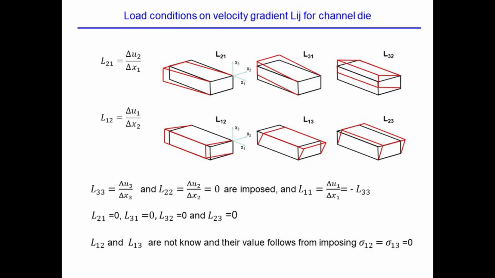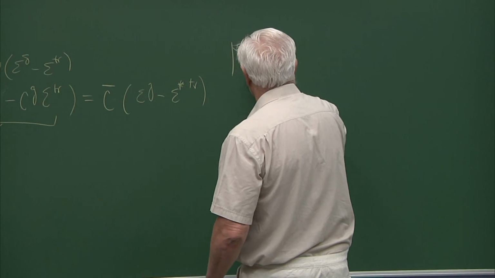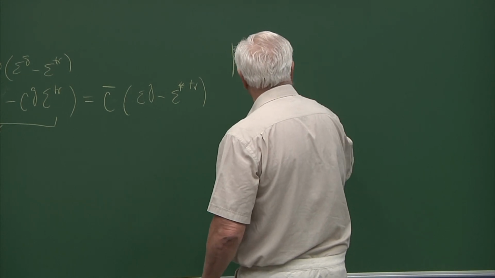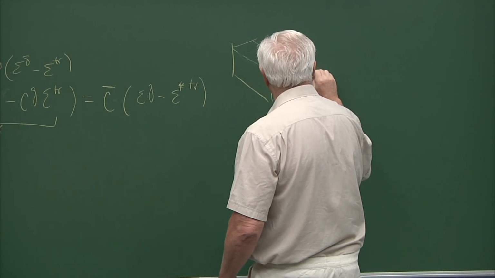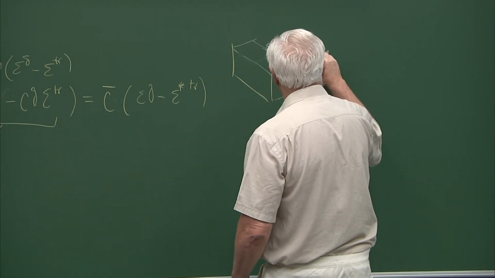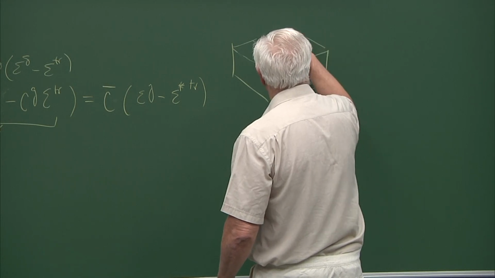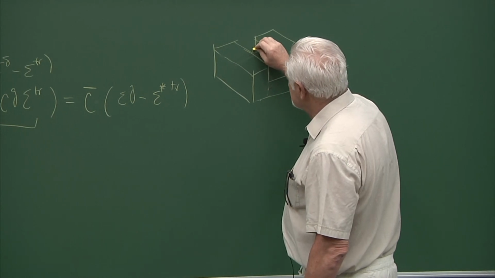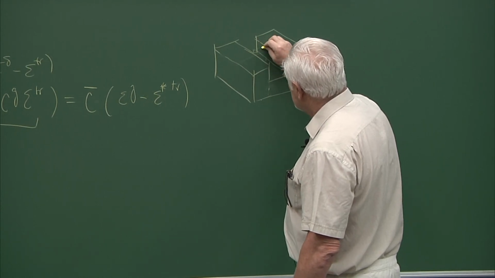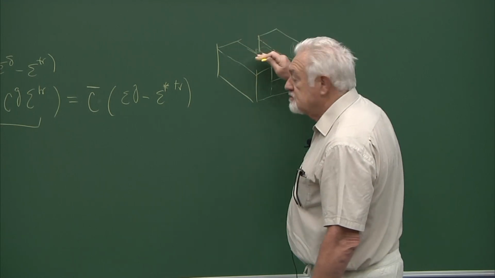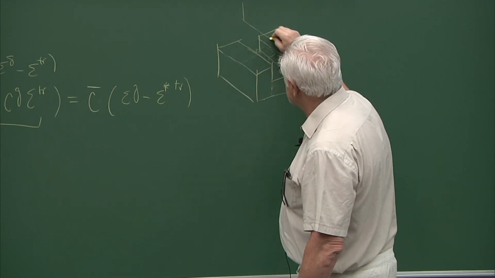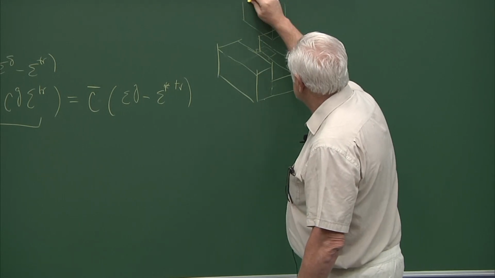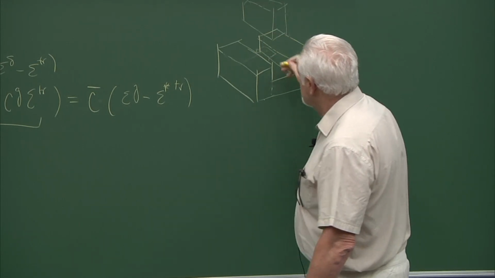So this is in principle an illustration of the channel die test. You are probably familiar with it. The channel die test is, this is your channel. So you put your parallelepipedic sample inside this channel, and then you compress it with a tool that is like that.